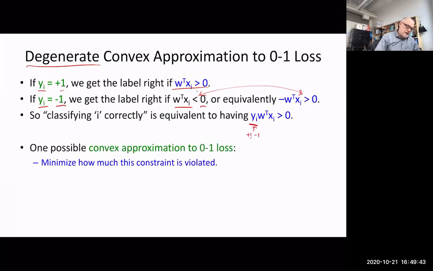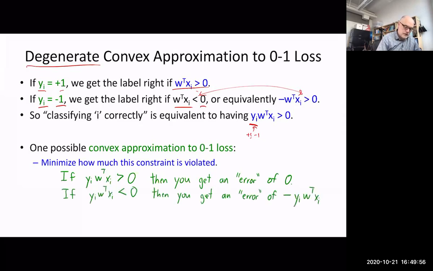Okay, fine. So one possible convex approximation to the 0-1 loss is to minimize how much this constraint is violated. If W transpose xi is greater than 0, you get an error of 0. Otherwise, you get an error of minus yi W transpose xi. If you stare at this for long enough, you'll see that this is going to be a positive quantity if the sign of yi and W transpose xi don't match.